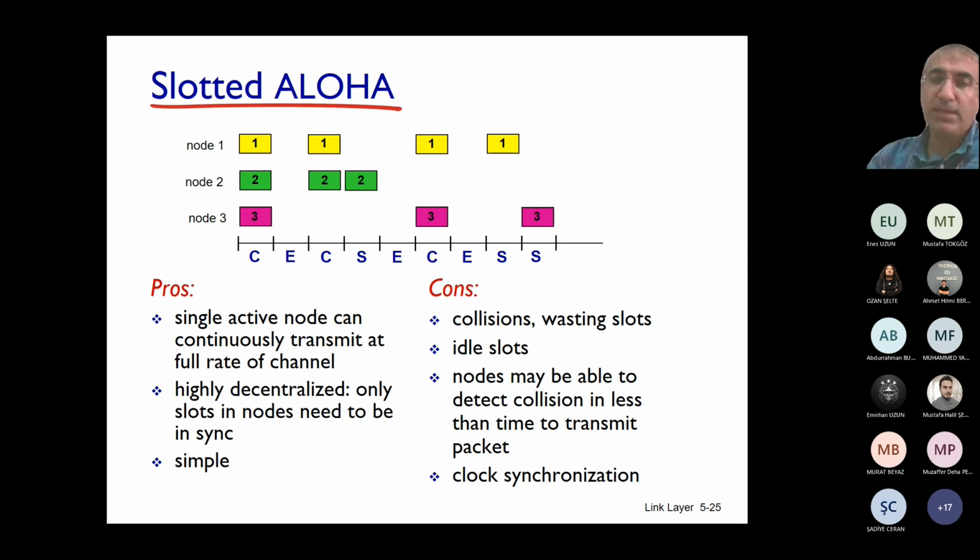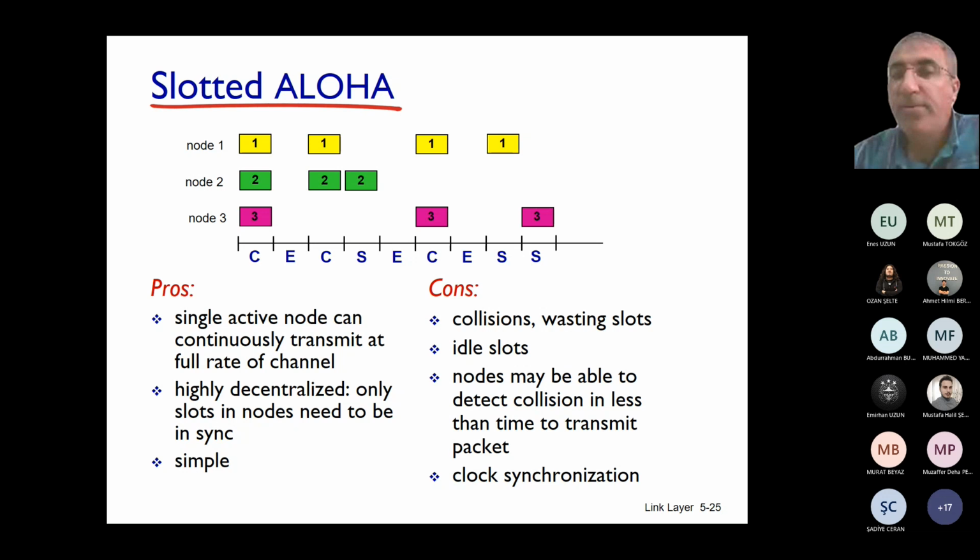In the fourth slot, let's say node 1 is conservative, only node 2 sends its frame, and successfully, that's why we call it S. But we still have node 1 and node 3 that haven't sent their frames yet. So they wait another slot, which is empty.